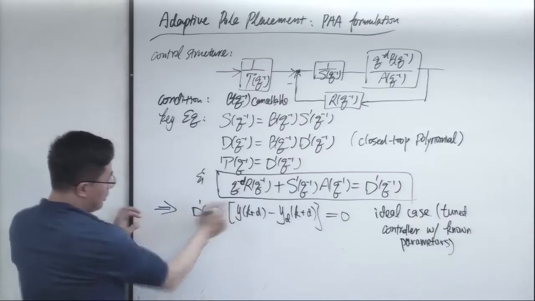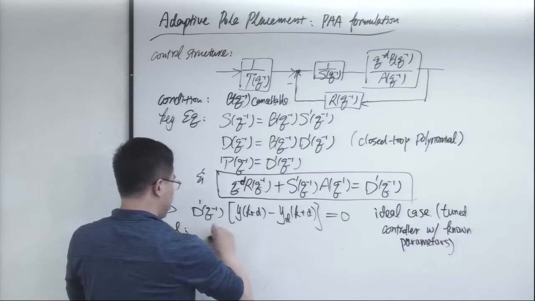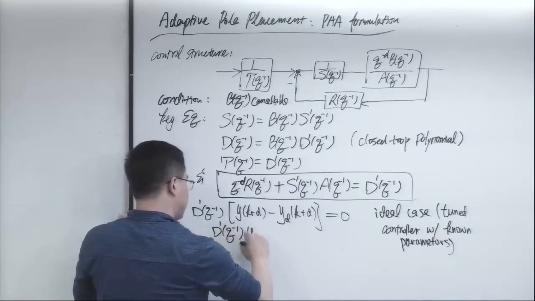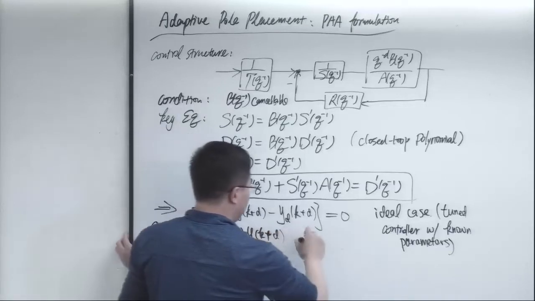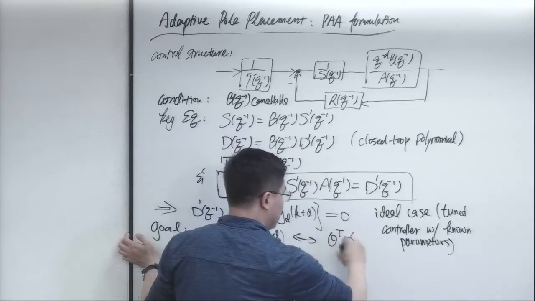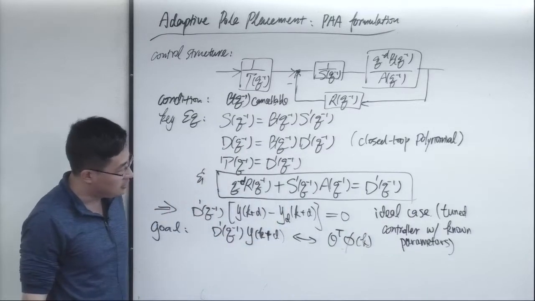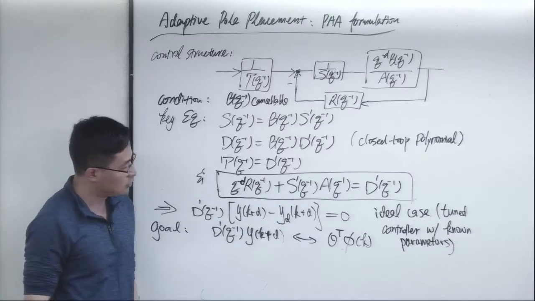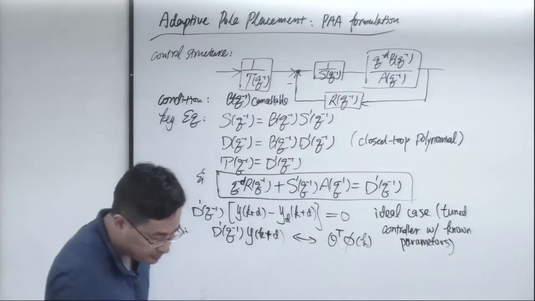So our goal, as we said from last time, is to write this with something that's similar to the theta phi product.